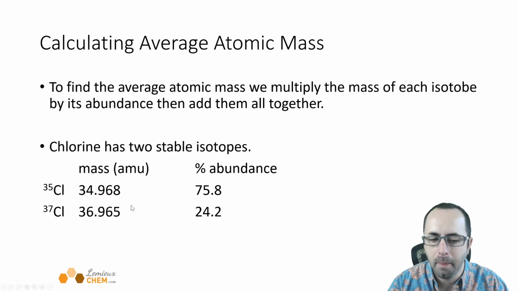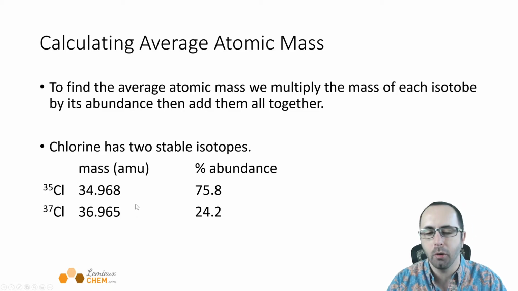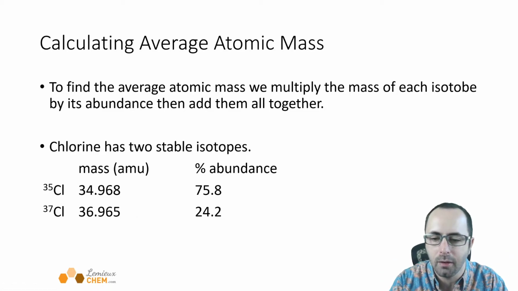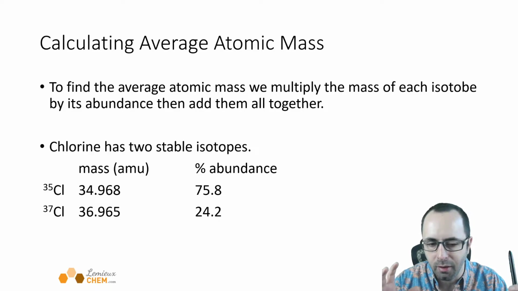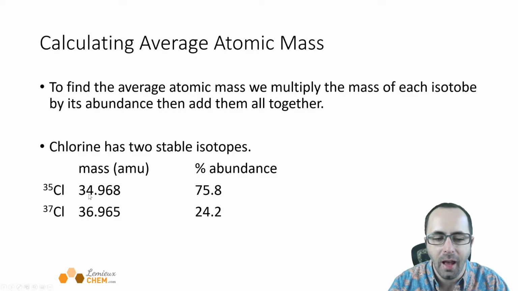This is because a weird thing that happens is when protons and neutrons come together and make the nucleus, they lose a little bit of mass. This is a nuclear process. I won't say much more about it, but the actual mass of all the neutrons and protons together weigh a little bit less than when they're apart. So that mass in AMUs is 34.968. For chlorine-37, it's 36.965 AMUs.